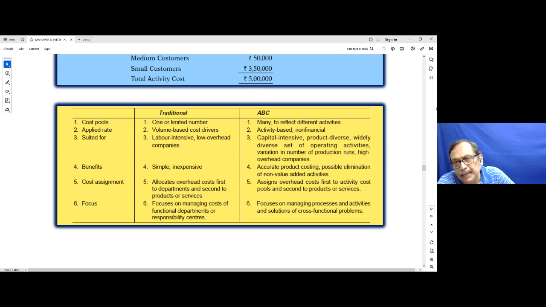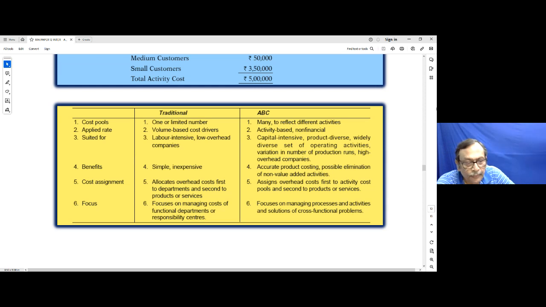ABC is applicable to capital-intensive, product diverse, widely diverse set of operational activities, variations in number of production runs, high overhead companies. Benefits: traditional is simple and inexpensive. But so far ABC is concerned, it is costly, no doubt. Accurate product costing possible. Elimination of non-value added activities can be done.